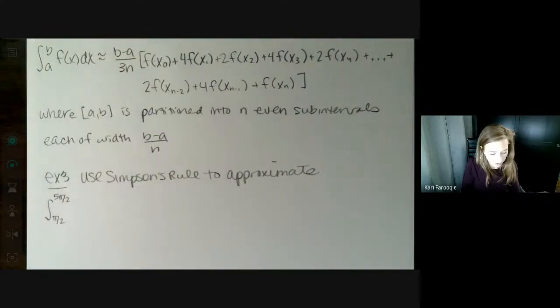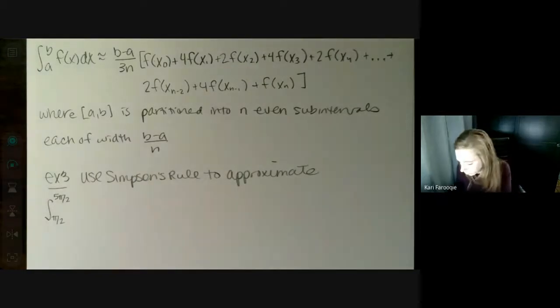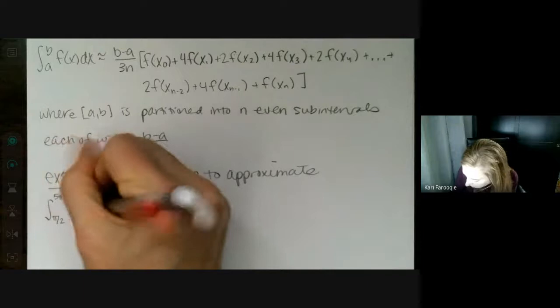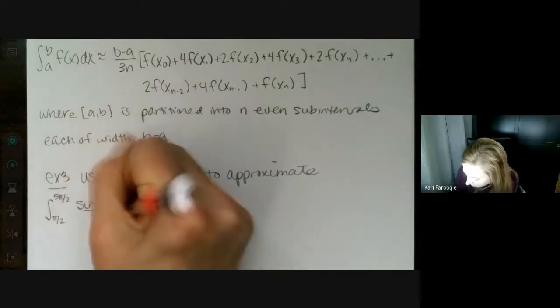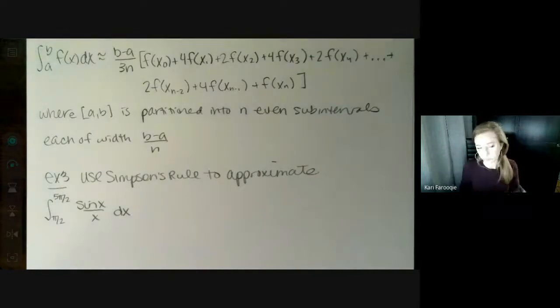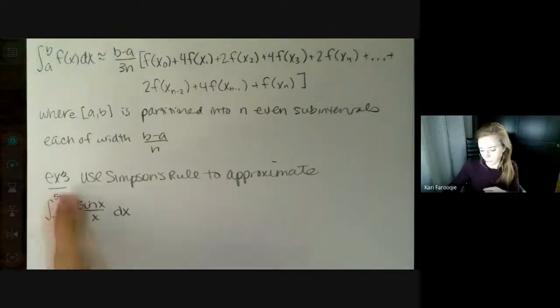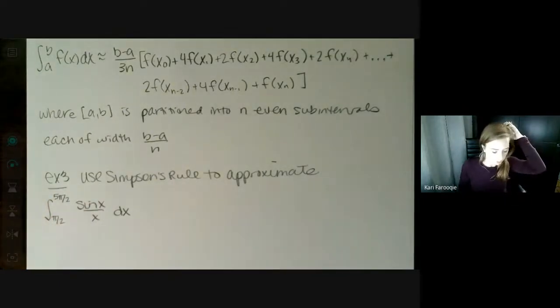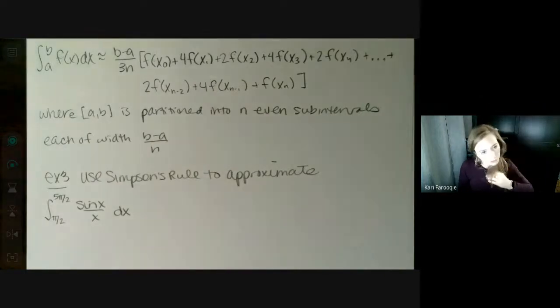Now I kind of feel like the other one might be better. No, never mind. This is a better one to do. We'll do this one: pi over 2 to 5 pi over 2 of sine x over x dx. This one's good, actually, just because of the values of a and b. More instructive, I guess.